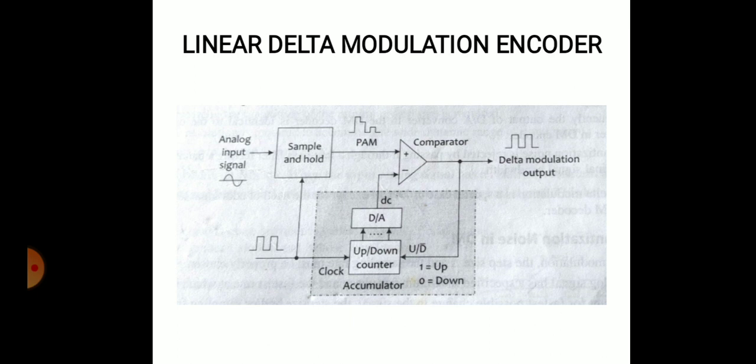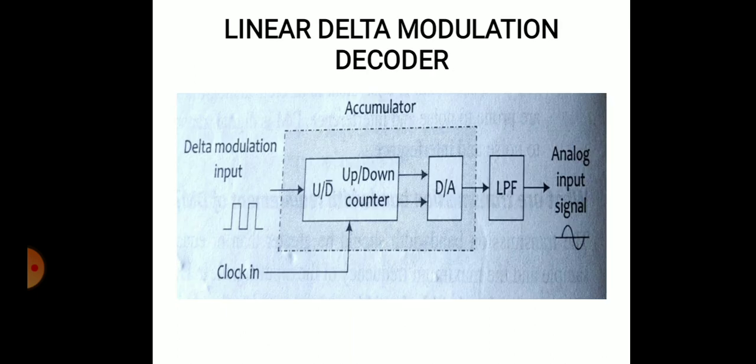So here we say that if input is binary 1, it adds delta step to the previous output, which is delayed. If input is binary 0, it subtracts delta step from the previous output. So this is the linear delta modulation encoder.